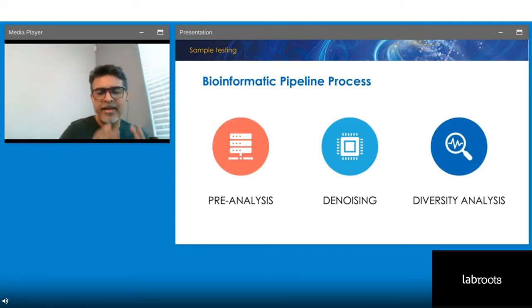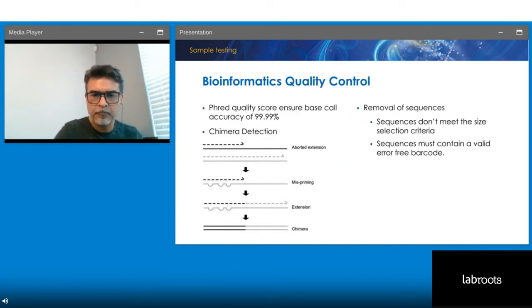So when all the information comes from the sequencer, when the sample is run in the sequencer, all that clinical, digital data now goes to the bioinformatic pipeline. So we have pre-analytical, denoising, and diversity analysis. And then for bioinformatic quality control, we use the Phred quality score. The assurance is that we have a 99.9% call, and this is around 1 in 10,000 errors in a nucleotide in a sequence.